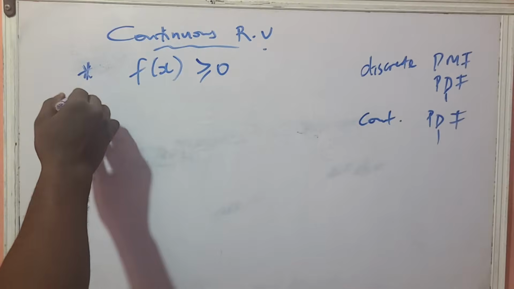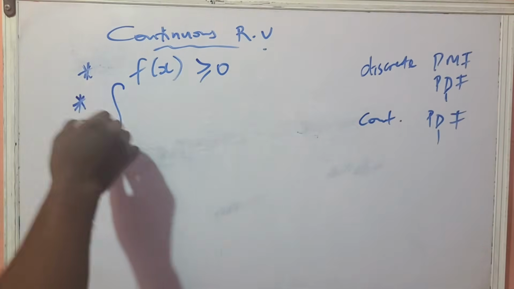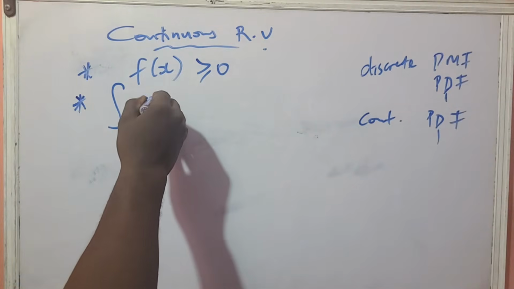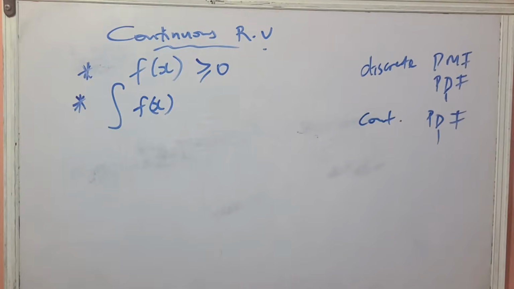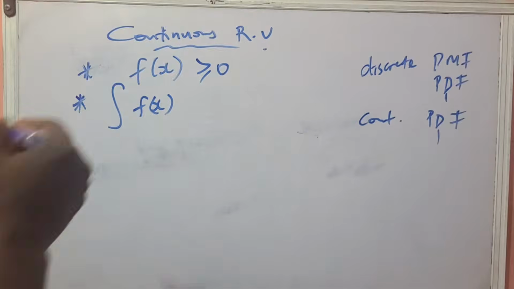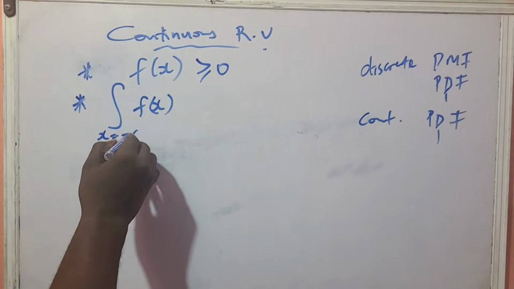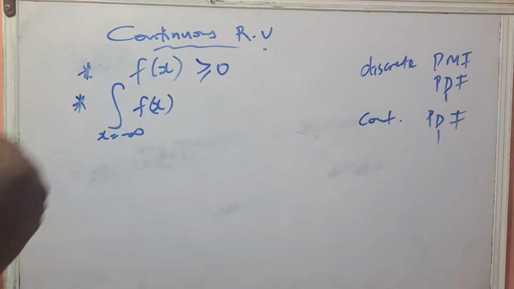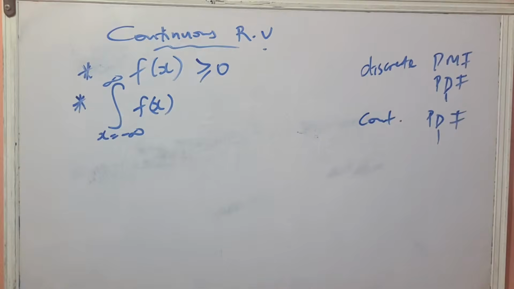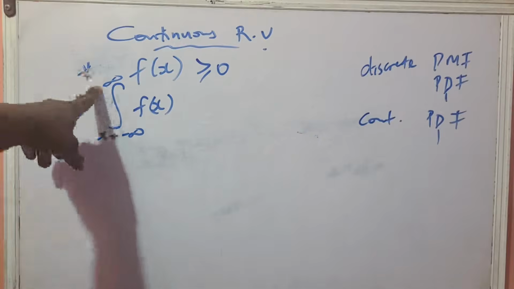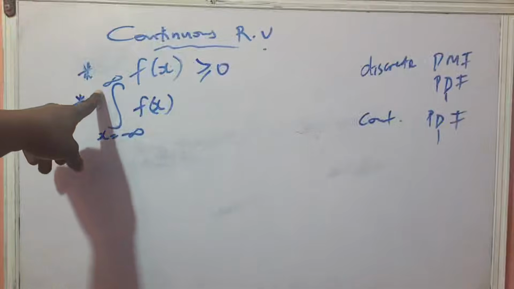And also, the integration of the PDF over all the limits, of course, your x ranging from minus infinity to infinity. I hope you can understand the use of minus infinity to infinity. It is just to tell you whatever the lesser limit is, given whichever question you're solving, and whatever the greater limit is.